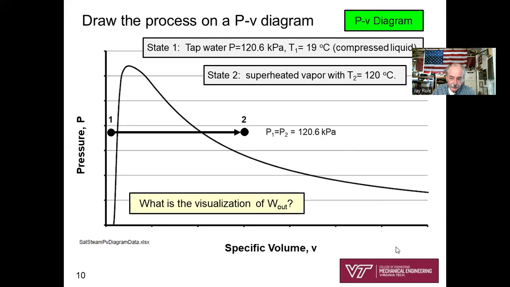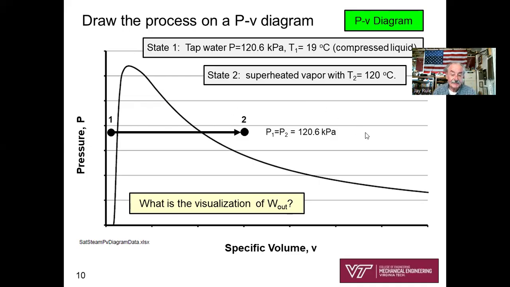The next thing I'm going to do is draw the process on my pressure-volume diagram with what I've learned from reading the problem. State 1 is a compressed liquid. It's tap water. So at least I know I'm going to put a dot here, my initial state, over here to the left of the dome, compressed liquid. I'm satisfied that it's going to be a constant pressure process, so I'm going to draw a horizontal line.